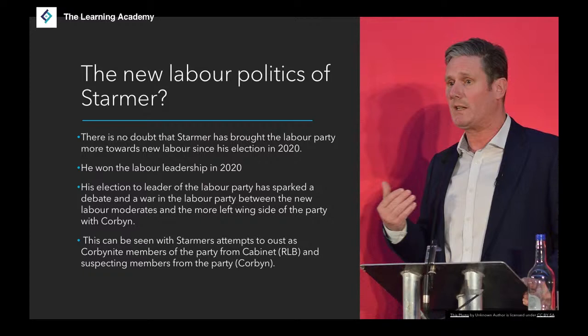Okay, so the report from the IHRA when it comes to anti-Semitism within the party was released. At the same time, Jeremy Corbyn did an interview where he said that he disagrees with some aspects of the report, and Keir Starmer immediately suspended Jeremy Corbyn from the party.